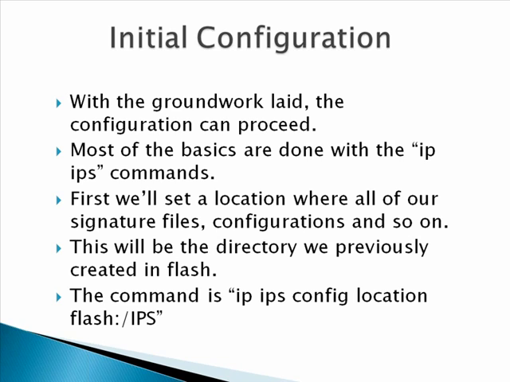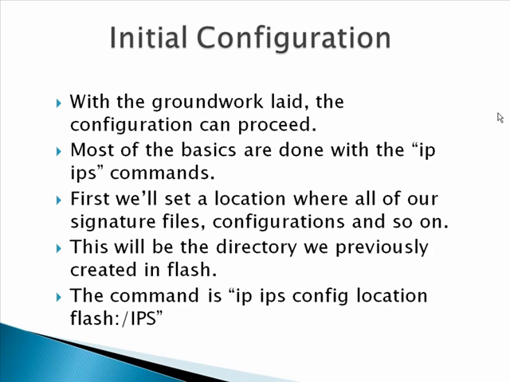Okay, so we've done all of our prereqs. Now we can actually go about configuring the iOS IPS. So like it says here, most of the basics are done with IPS commands. We're going to be setting up the location where our configuration and signature files will be. That's that directory we created with makedir.